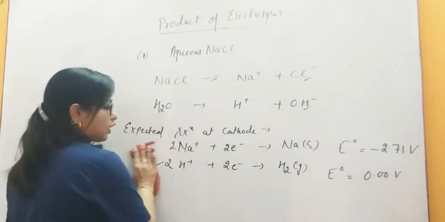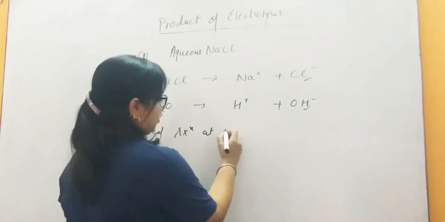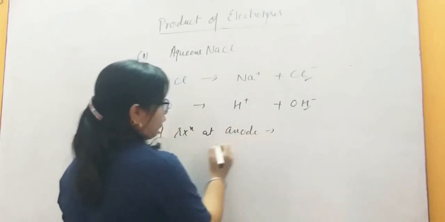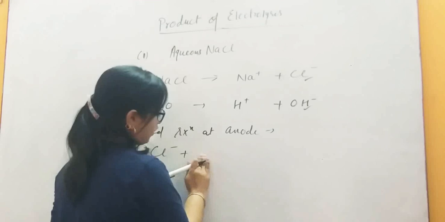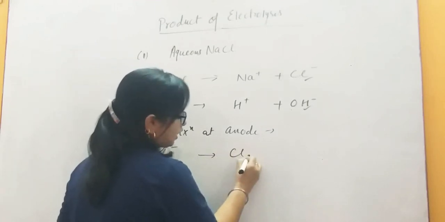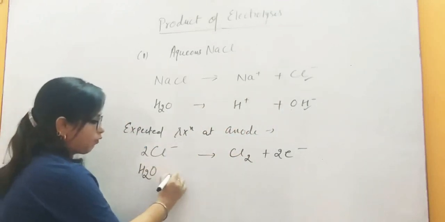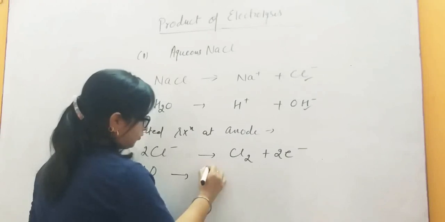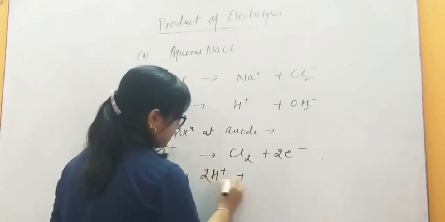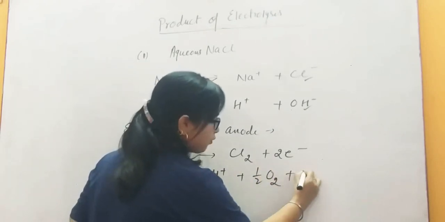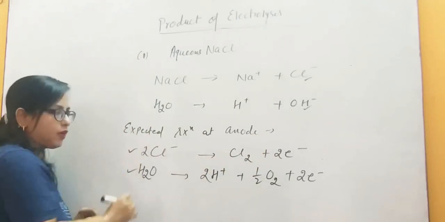The expected reactions at the anode will be: chloride ion, by removal of two electrons, is converted into chlorine gas, and OH- ion, the component of water, is converted into H+ and half oxygen by removal of two electrons. These are processes of oxidation. They are expected on the anode.